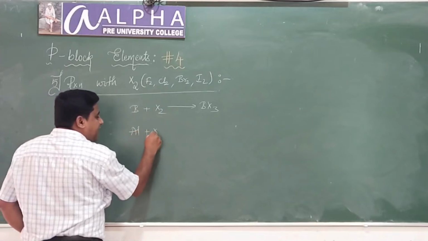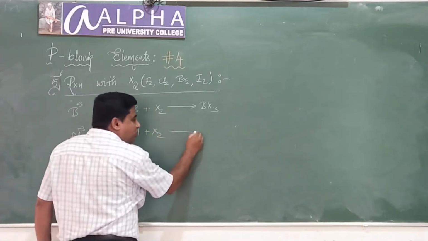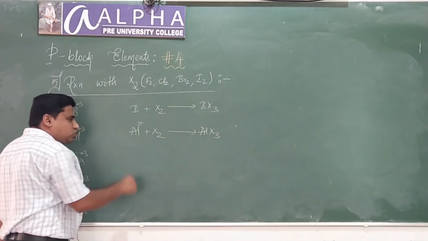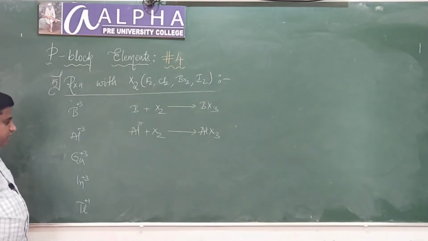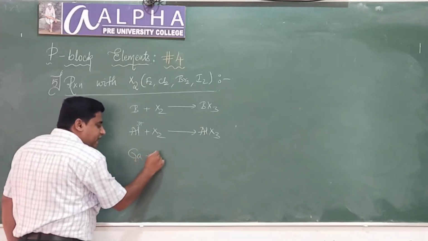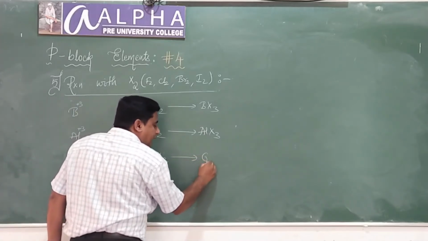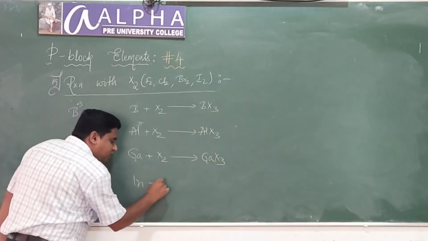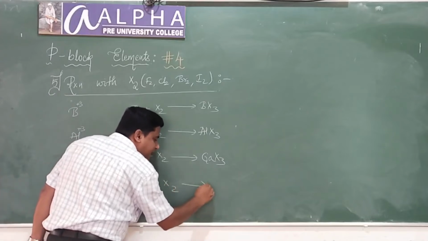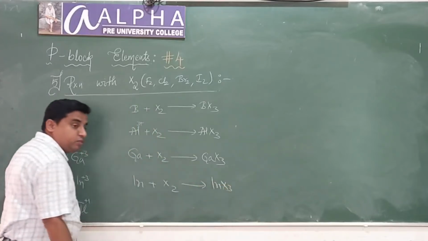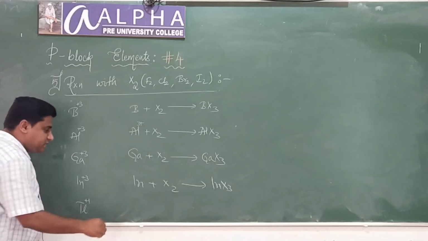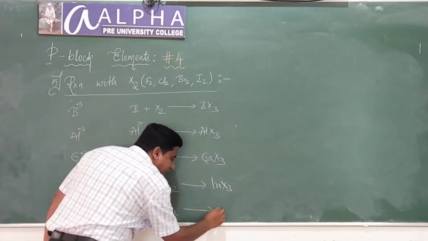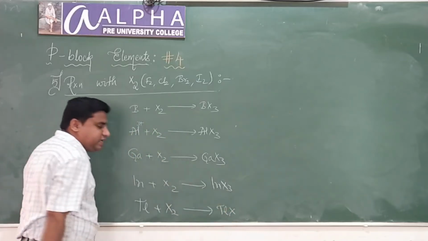On the same lines, aluminium reacts with halogens to form aluminium halide. What is the formula? AlX3, because again aluminium is in +3 oxidation state. Gallium reacts with halogens to form halide of the type GaX3. Indium reacts with halogens to form indium halide of the type InX3, whereas thallium reacts with halogens to form thallium halide of the type TlX, isn't it?